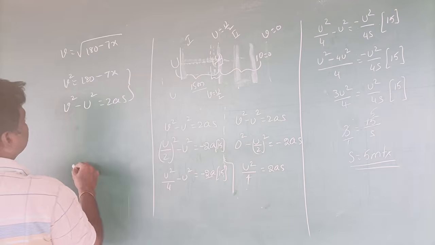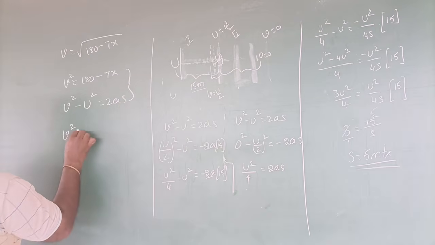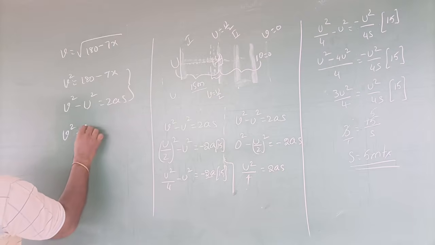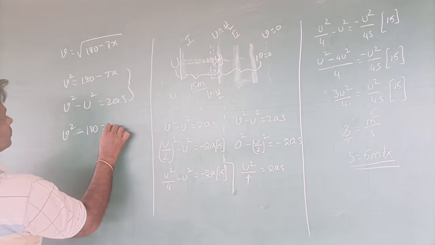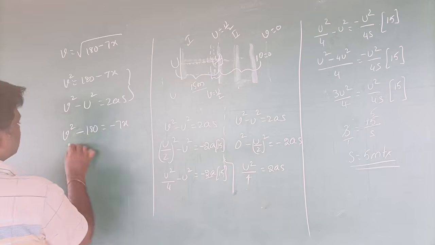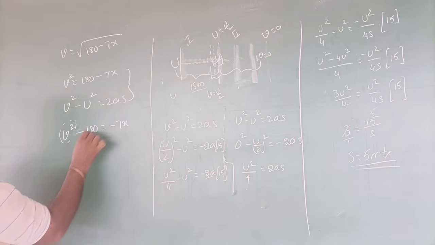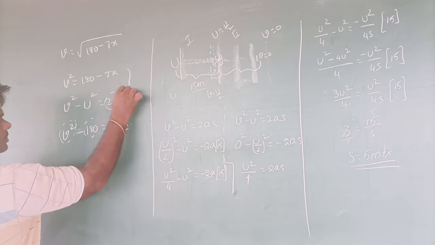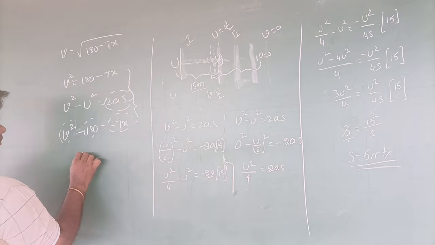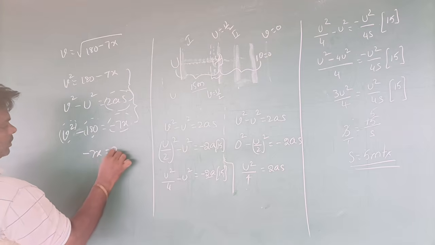Compare these two. So v square as such, minus u square, that is minus 180 is equal to, minus 7x. So here similar to v square, this is similar to u square, this is similar to s, this is the required one. So minus 7x is equal to 2a s.